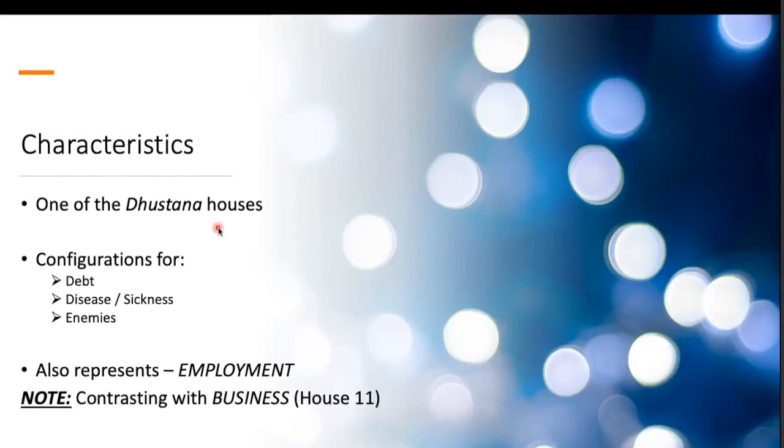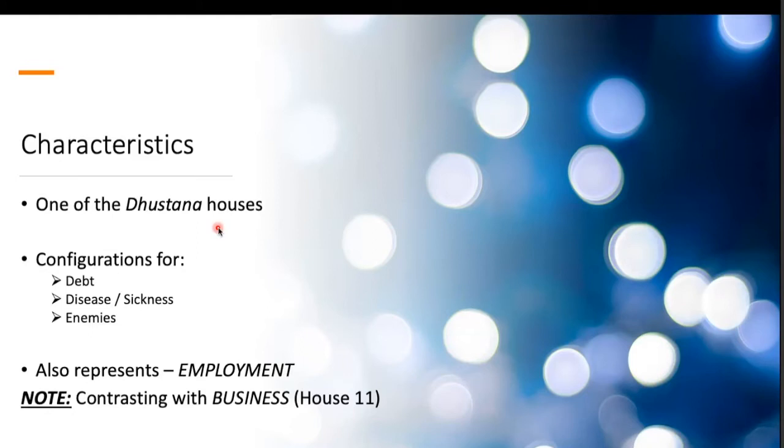Then you'll go to 8, then you go to 12. 6 is the first introduction of Dhustana, so it is kind of like the lowest level of misfortune that can be presented to you. The middle one, house number 8, is the most difficult, the most challenging period.